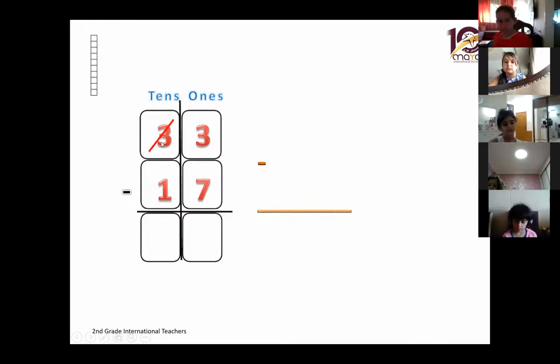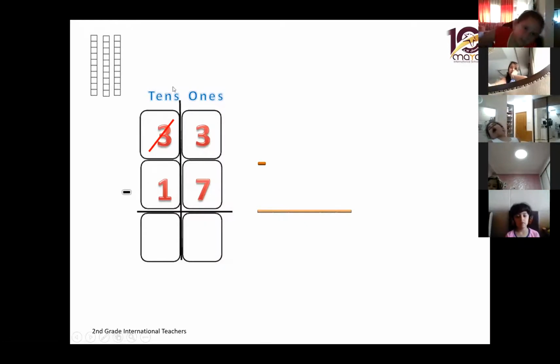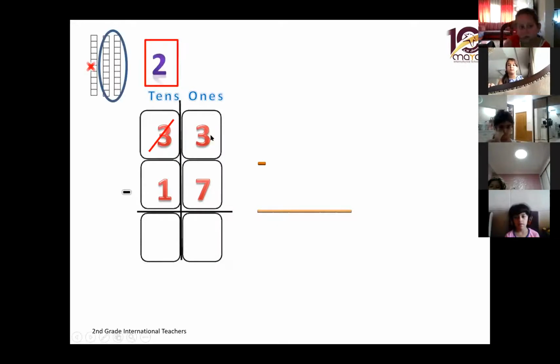We're going to take 10 from this, okay? We have 3 tens. So if we took 1 ten, we are left with how many tens? Good, 2 tens. Now 3 here in the ones place becomes? 17.